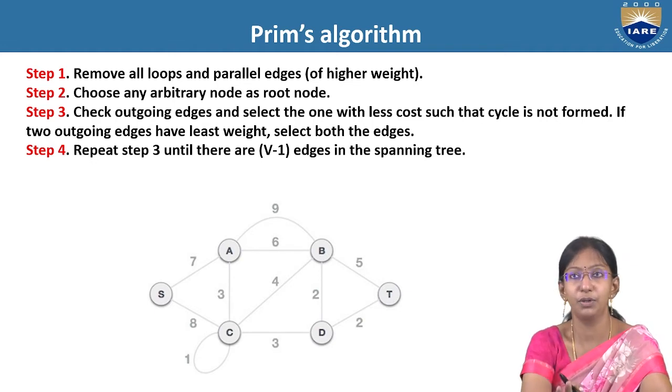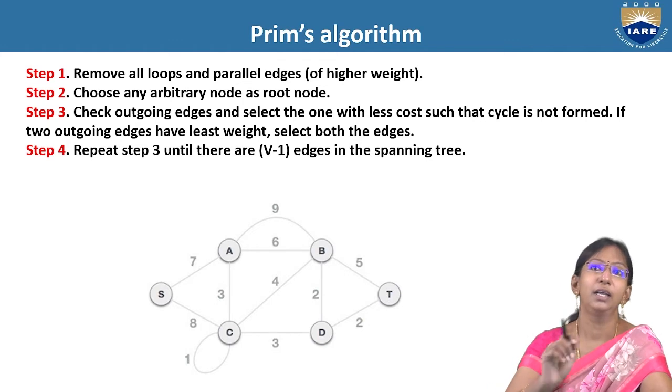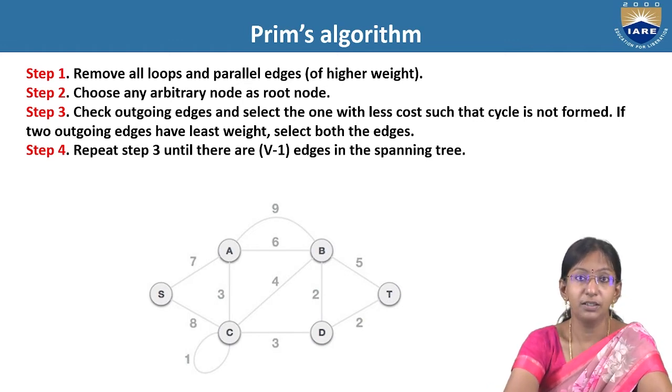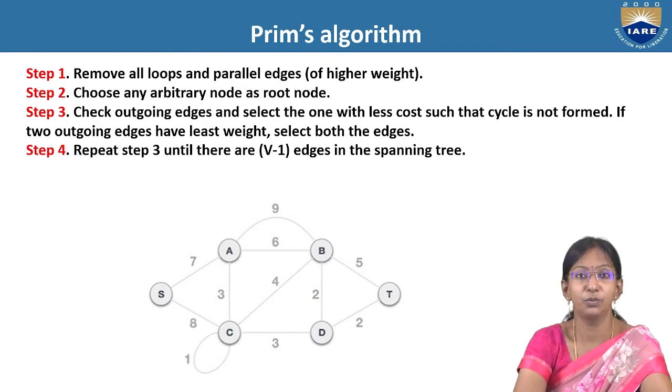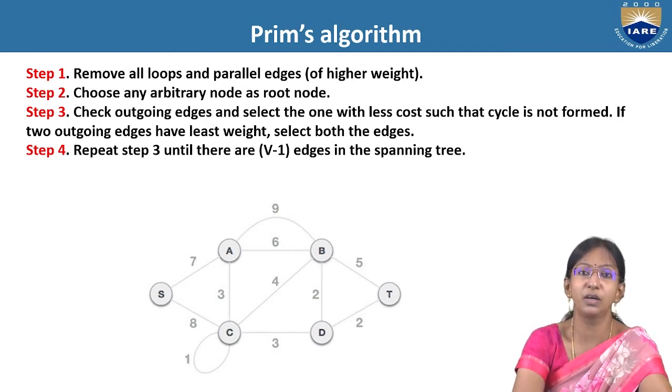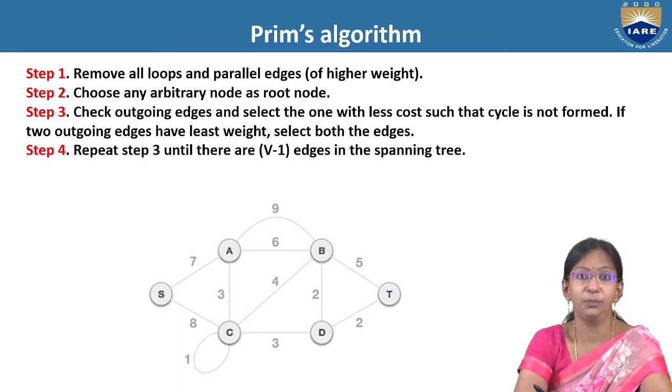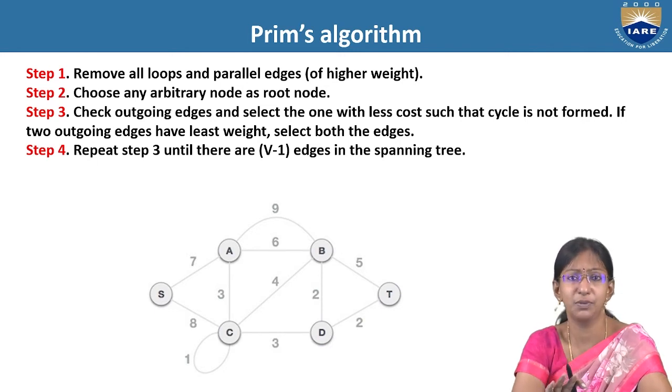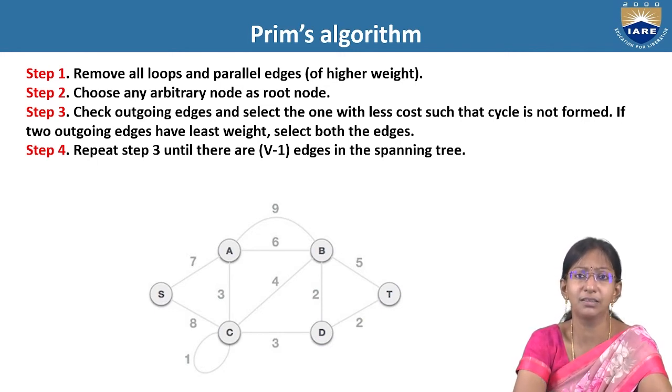Then perform Prim's algorithm. How does this algorithm work? You choose any arbitrary node as the root node, or you can choose an edge with the least weight, and start constructing the MST using Prim's method, more precisely.